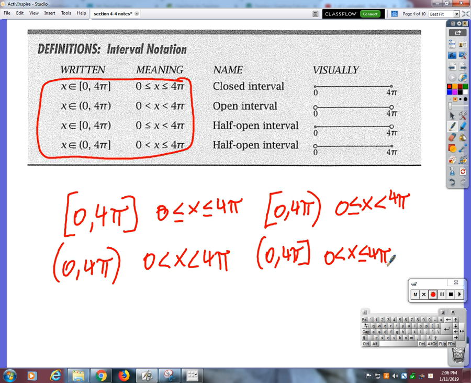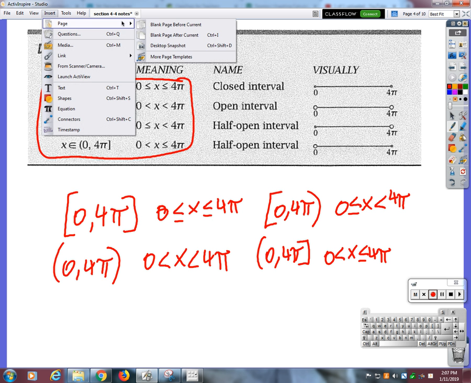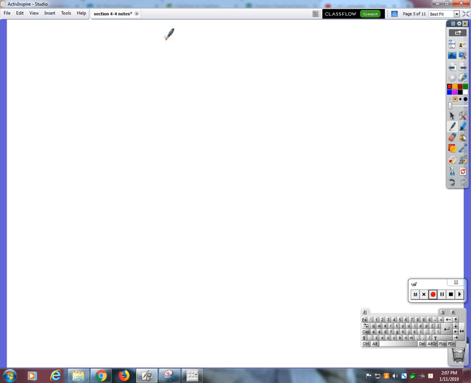I'm going to do a couple examples. All right, so will you please, on your papers, using interval notation, Olivia and Danica, write 0 less than or equal to x less than or equal to 3?